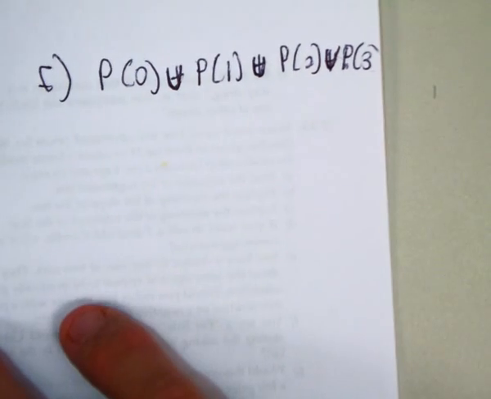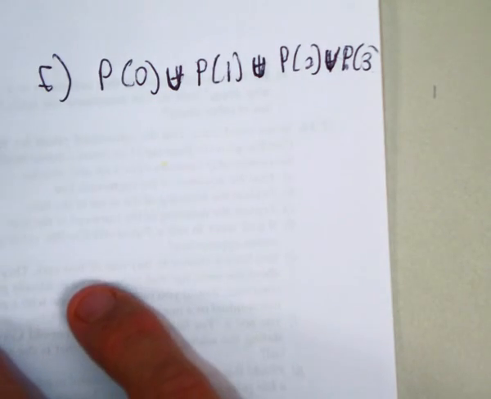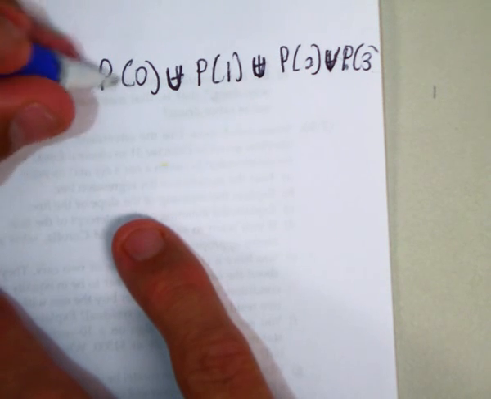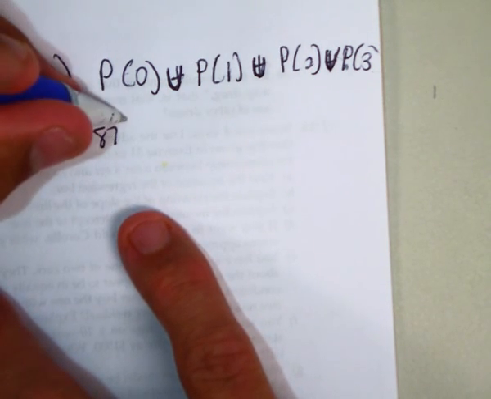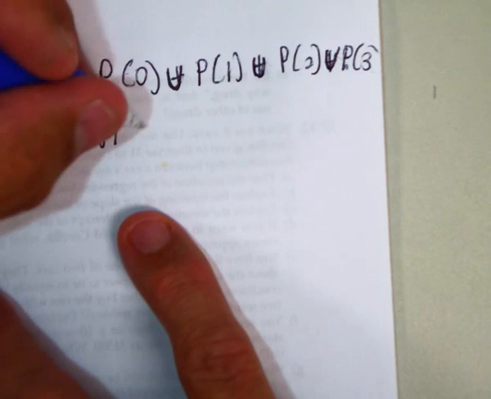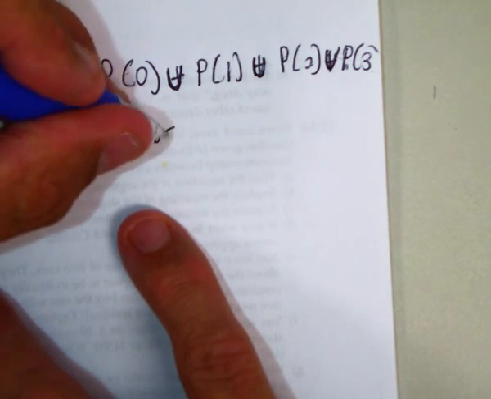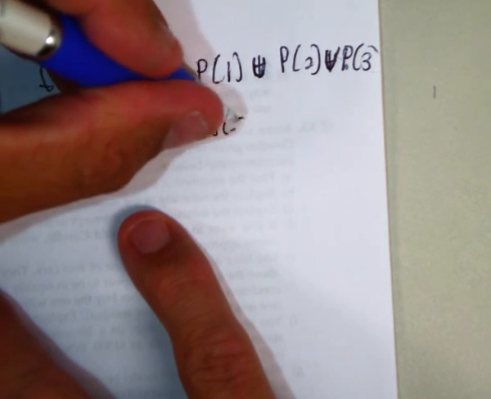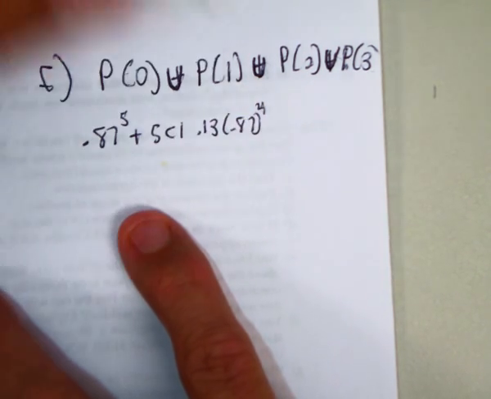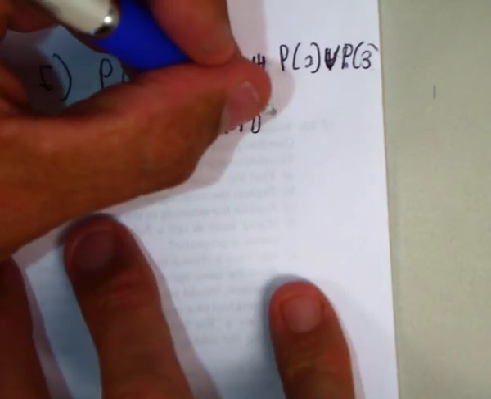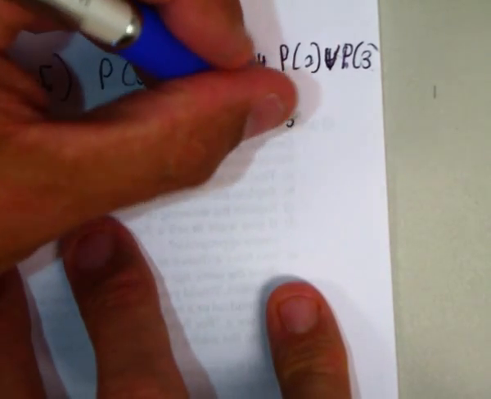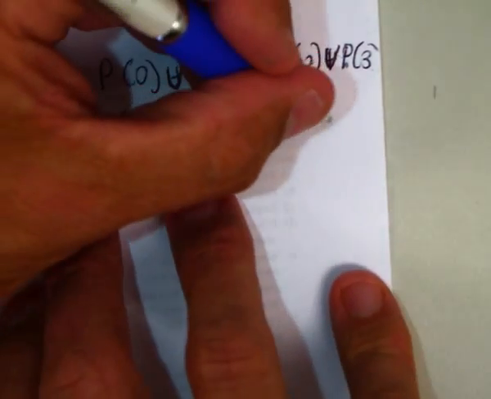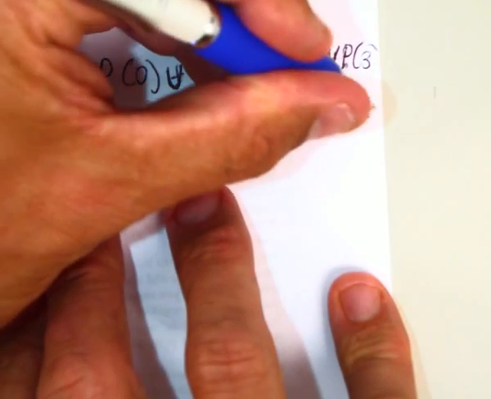Now you could do each of these separately if you want. Okay, you could do, let's see, no lefties would be 0.87 to the 5th. And then you would do 5, choose 1, and then you would do 0.13 times 0.87 to the 4th. And then you would do 5, choose 2, and that would be 0.13 squared times 0.87 cubed.